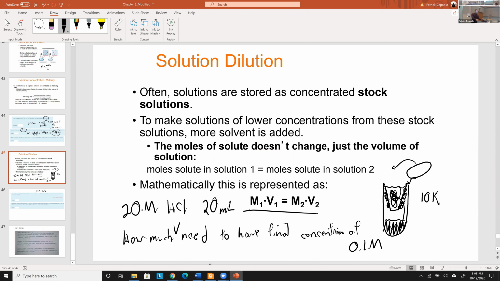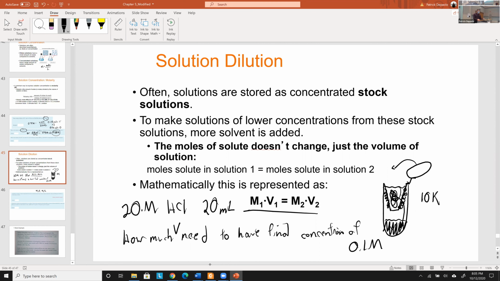So if you want to dilute 20 milliliters of 20 molar HCl, how much volume will you have if you want to aim for a 0.1 molar concentration? It's like, how much of your final diluted volume will you have?